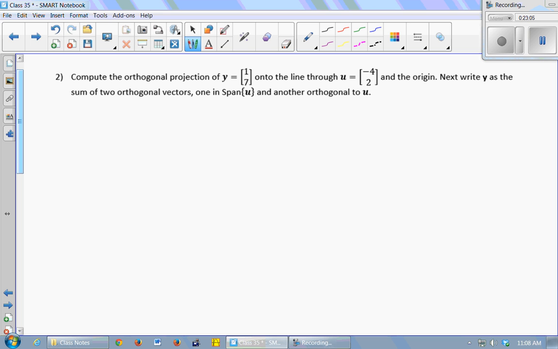That's, I want to write y as y hat plus z. All right, so the orthogonal projection of y onto u, or y onto L that contains u, is y hat is y dot u over u dot u times u.